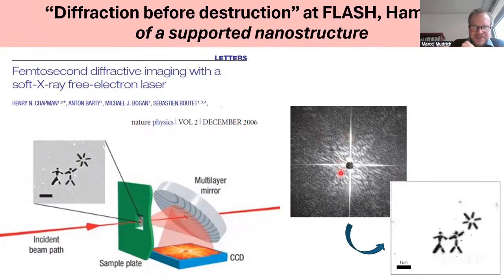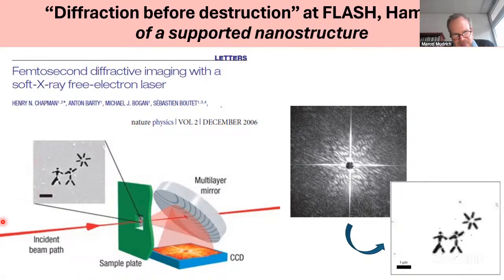And then from this, they were able to reconstruct by a phase retrieval algorithm the real space distribution like this, which matches quite well the actual, I think this is probably an electron micrograph from an electron microscope.